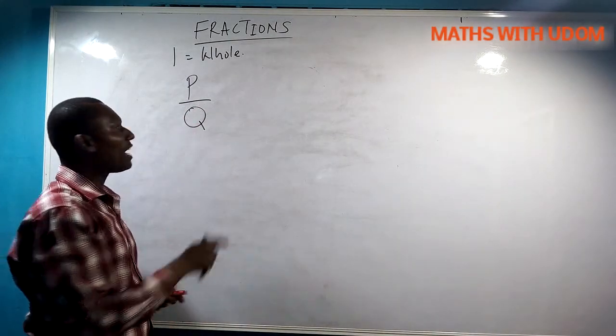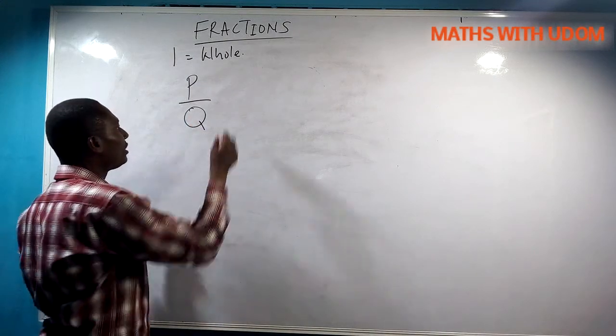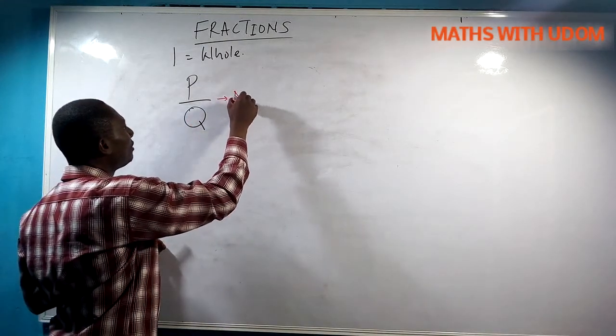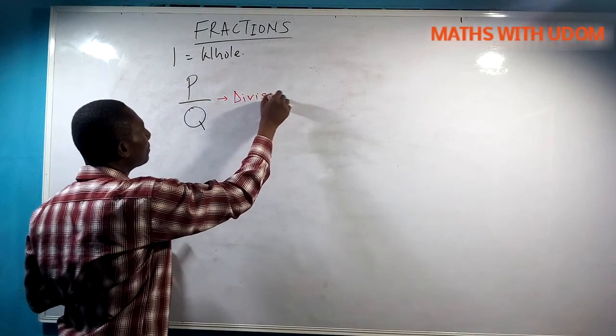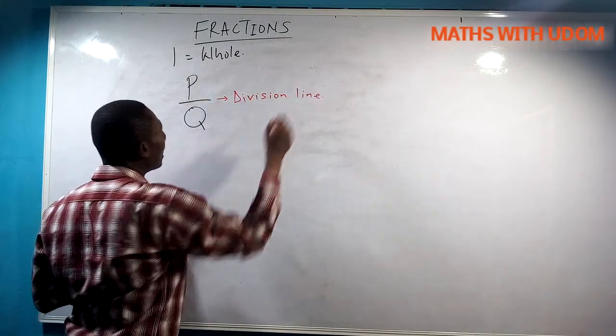So if you look at this, the horizontal line dividing P and Q is called the division line.